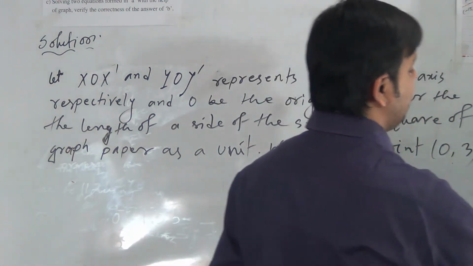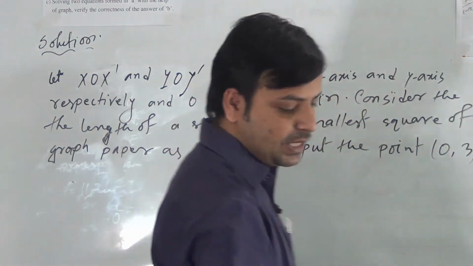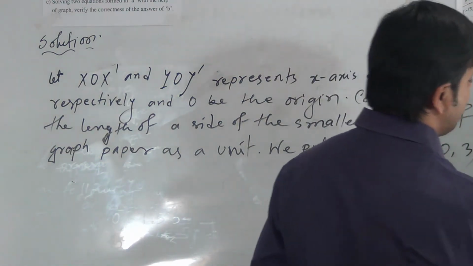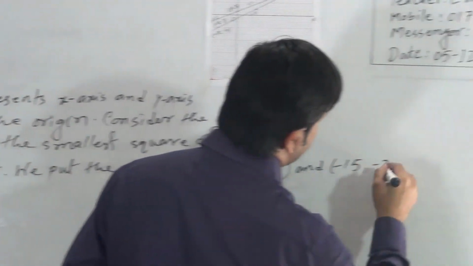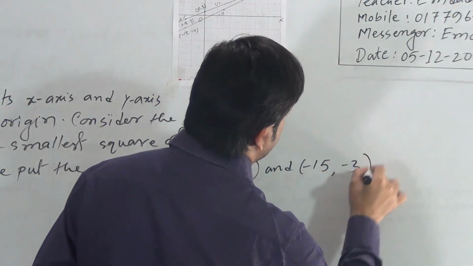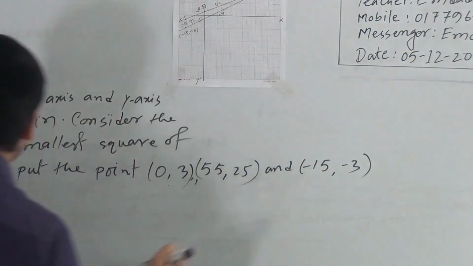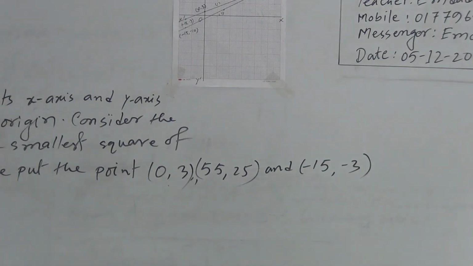I am writing the points from the table. And the last one is minus 15, minus 3. Put the points of table 1.